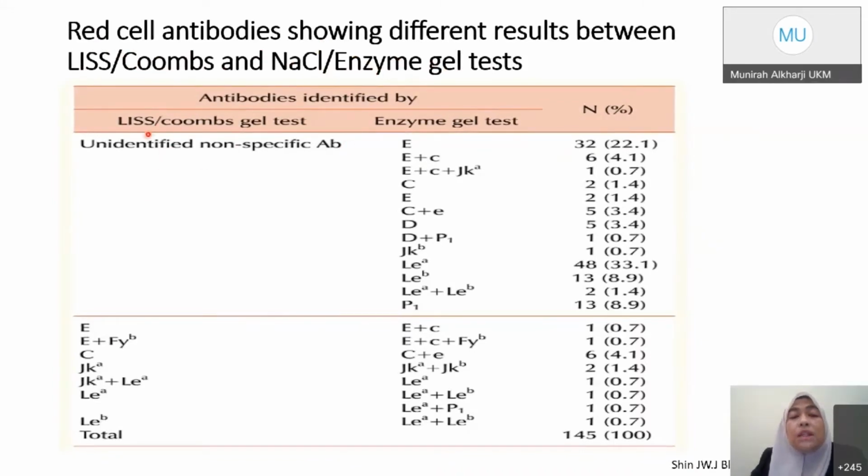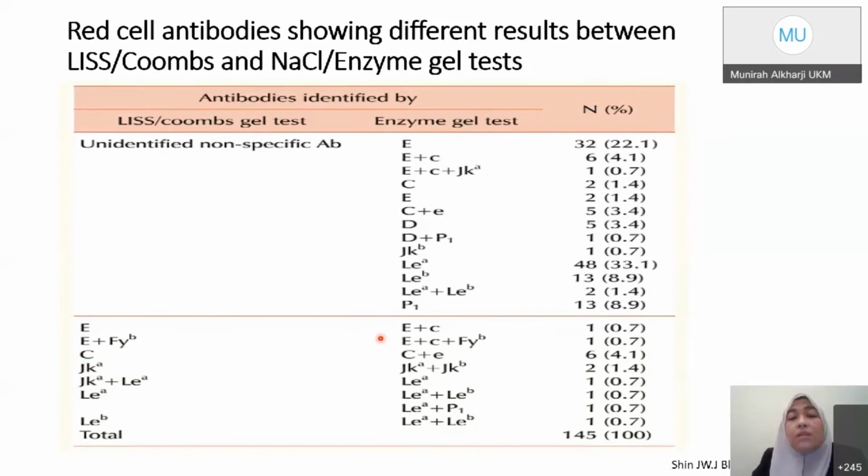So from here we can see using the normal panel, the unidentified non-specific antibody, they cannot specify the antibody. Then they proceed with the enzyme treated panel, and it's showing the antibody. Most of the antibodies are Rh, which shows that the enzyme can enhance the reaction of the Rh and Kidd antibody. This second case only detects one of the antibodies. As an example, this patient, they detect only anti-big E using the normal panel.